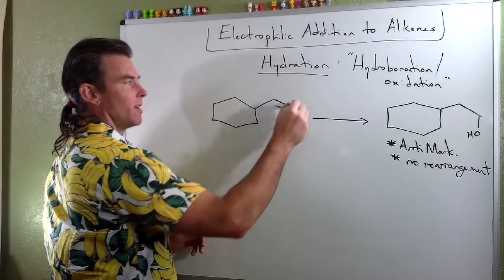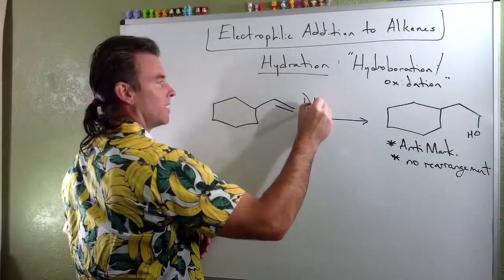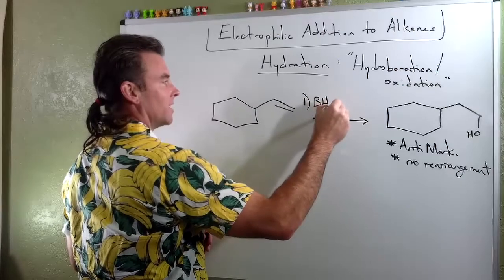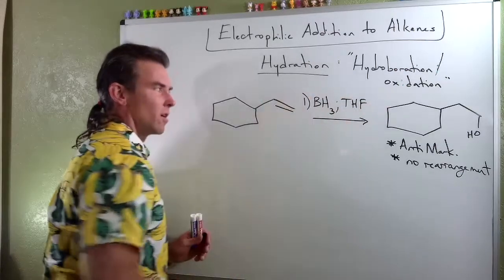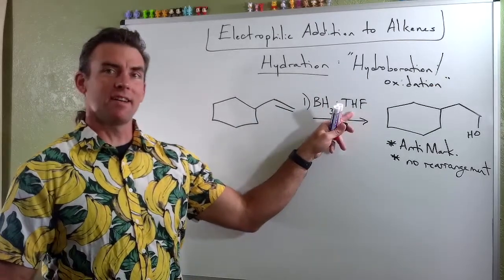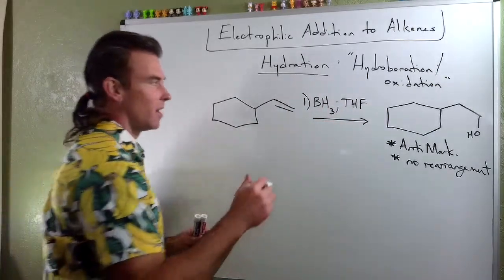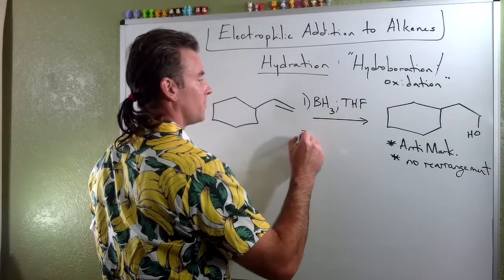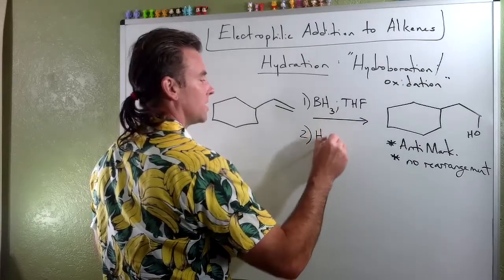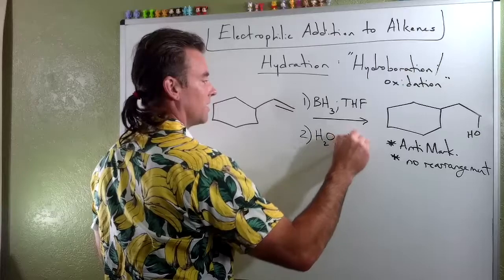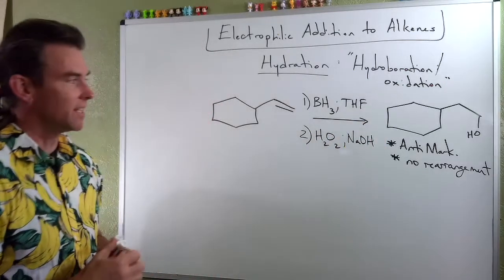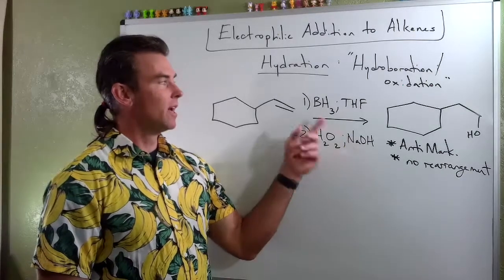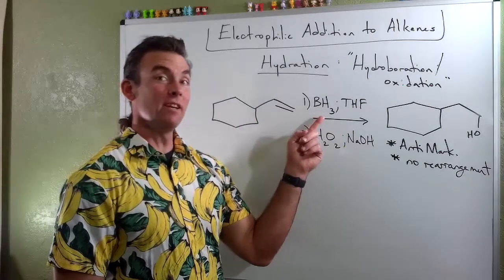And the necessary starting materials usually look like this. Usually you start off with BH3 and that solvent that we've seen a few different times, THF. And then there's usually a second step involving some sort of oxidation with peroxide, right? So you see BH3, boron.